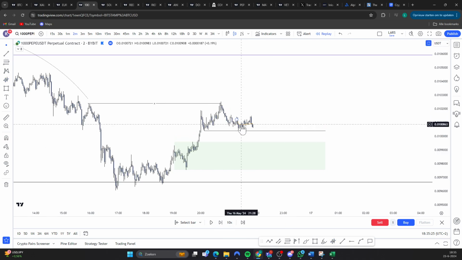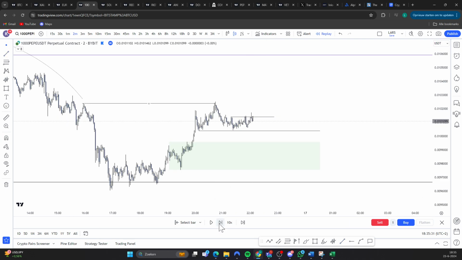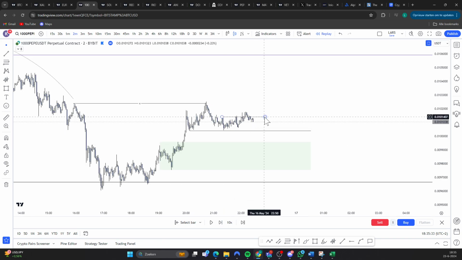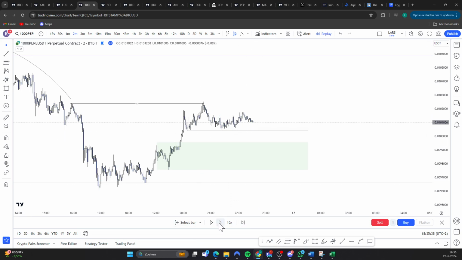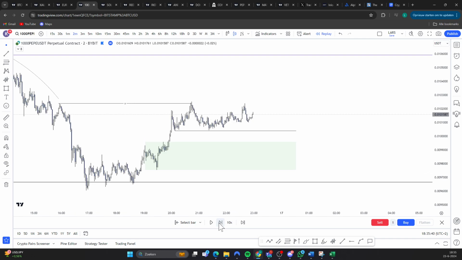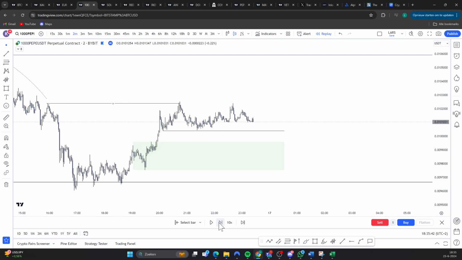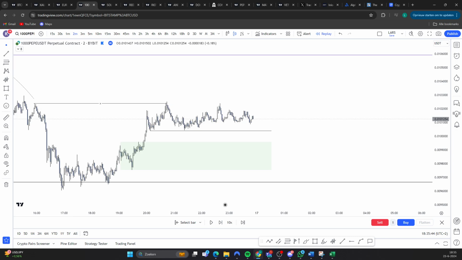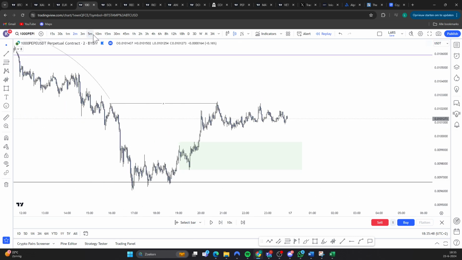Oh, wrong too. Start breaking that high and we go higher. Not the best break so far. What we could do is have a new local range here.